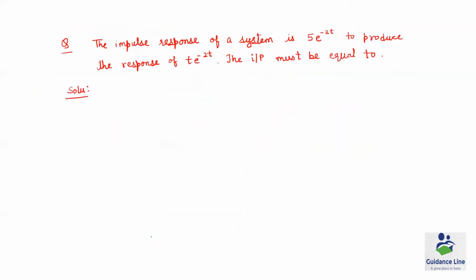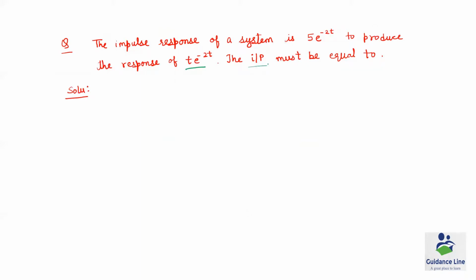In this numerical it is given that the impulse response of a system is 5e^(-2t), and to produce the response t·e^(-2t), we have to find the input.